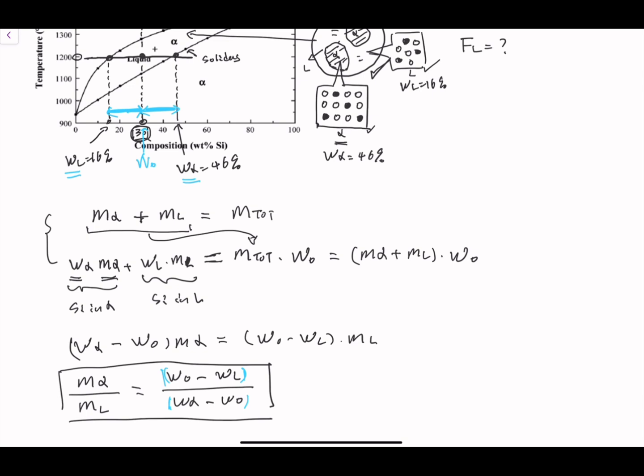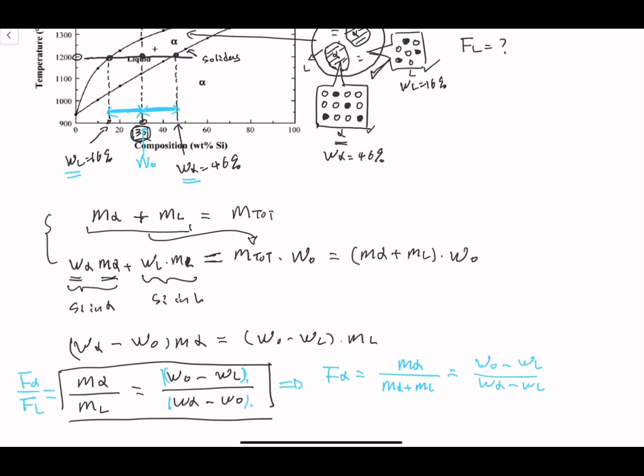Now what you see here is that the ratio between the mass, which is also the ratio between the fraction of the solid phase and liquid phase, is equal to the ratio between the liquid arm and the solid arm, right? So it's pretty much like you construct a lever, and they have these two arms and you're balancing these two things. So that's why we call this the lever rule. And you can easily write down the fraction, in this case the mass of the alpha phase over the total mass, and that equals to this.